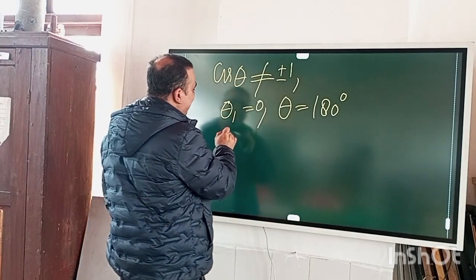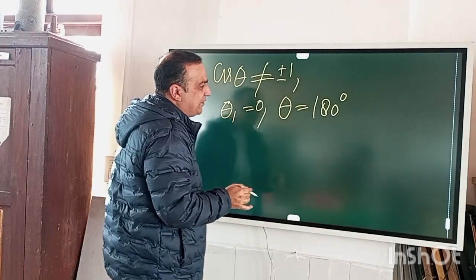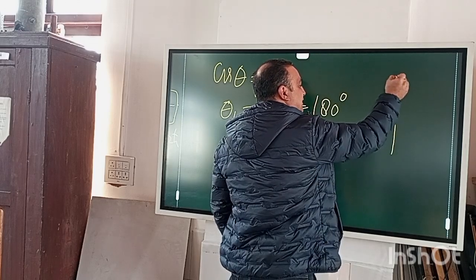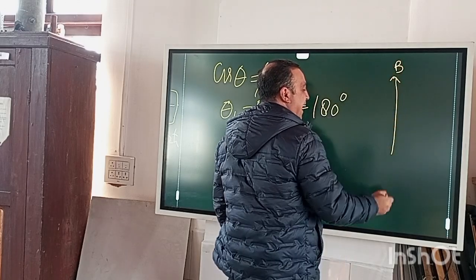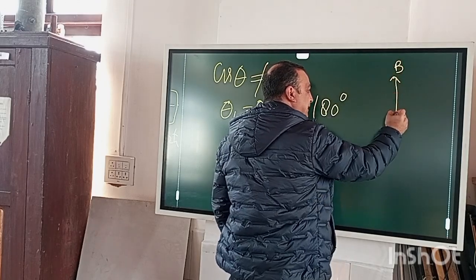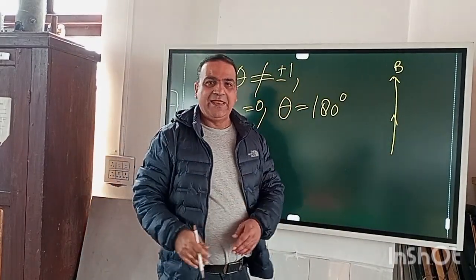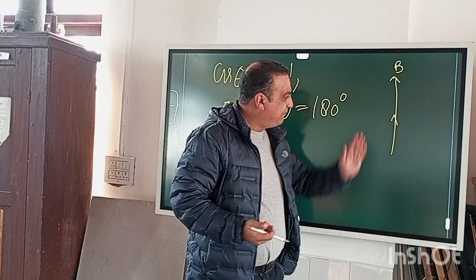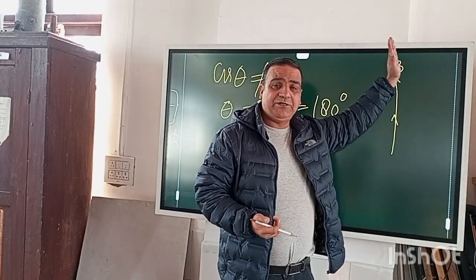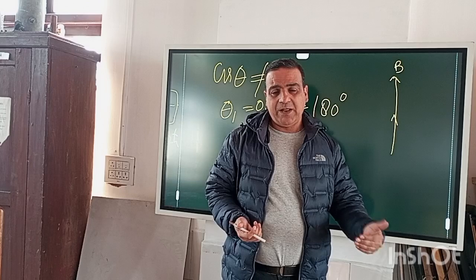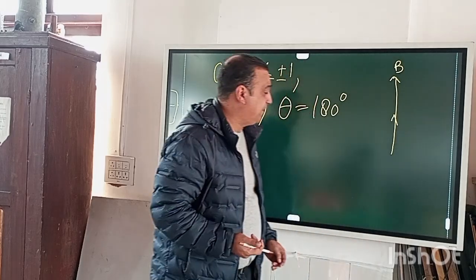So this means that you cannot have quantization when the direction of the magnetic field, suppose this is the magnetic field, and the angular momentum are in the same direction. If the applied magnetic field and the angular momentum are in the same direction, in that case, you will not obtain the value of quantization.